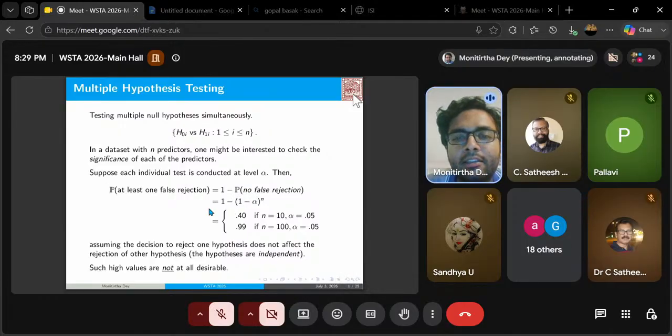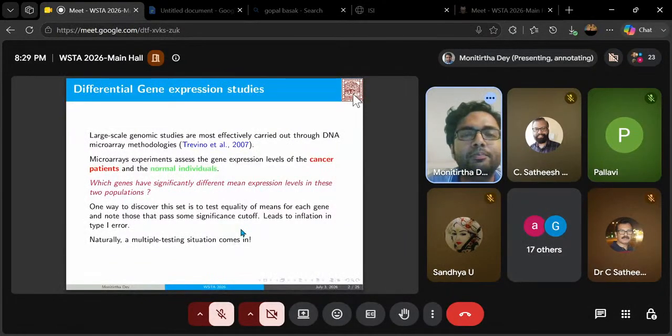If we assume that the test statistics corresponding to the hypotheses are independent, so the decisions do not affect each other, then this probability is nothing but 1 minus (1 minus alpha) to the power n. We can see that for n equal to 10, this shoots up to 0.4, and for n equal to 100, this goes up to 0.99. Such high values are not at all desirable, and naturally, we must resort to multiple testing.